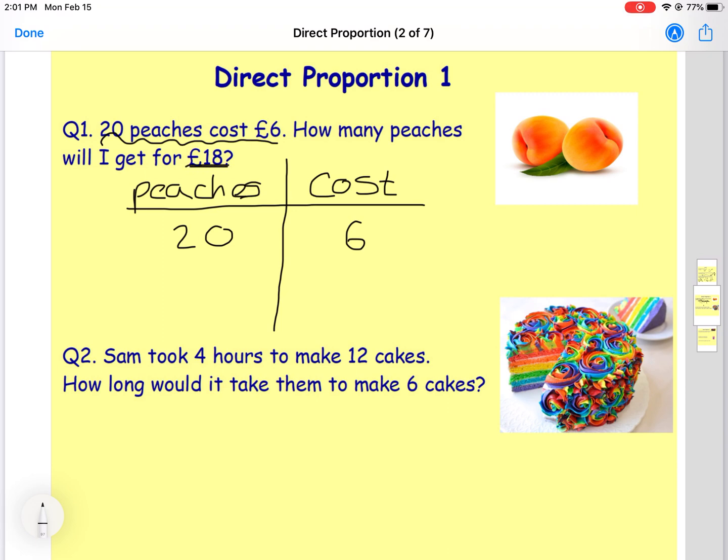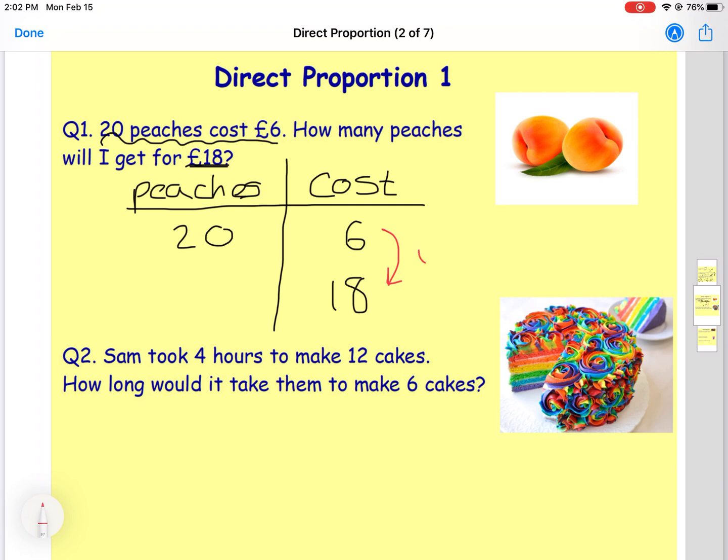So then we want to populate the next bit of this table with 18. Now we need to decide whether that's 18 peaches or £18. Well, it's £18, so it goes on the right hand side. Then we have a look at our calculation. 6 up to 18. Now the main thing here is we always have to either multiply or divide in these tables. We can't add or subtract.